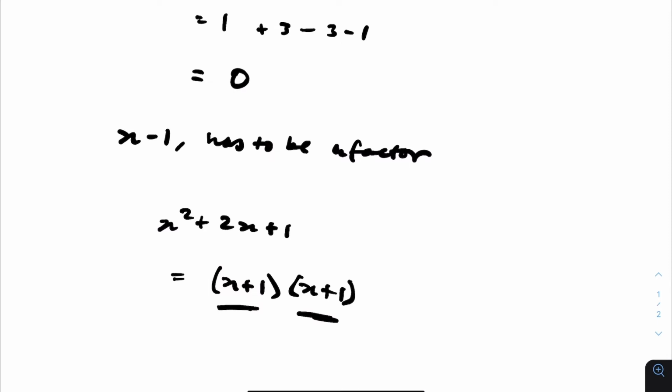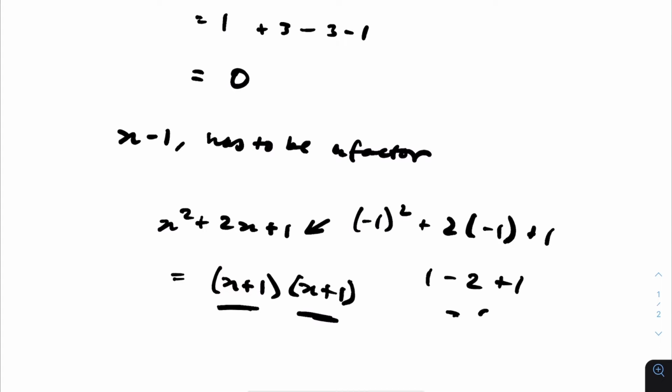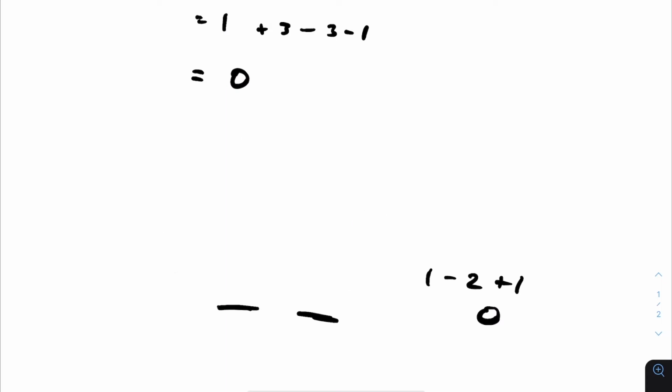So the way to make this 0 is by inserting -1, because -1 plus 1 is just 0. If we put -1 in there, we get -1 squared plus 2 times -1 plus 1, which gives us 1 minus 2 plus 1, which is equal to 0. So we know this with quadratics, but this is also applicable to cubics, quintics, quartics, etc.